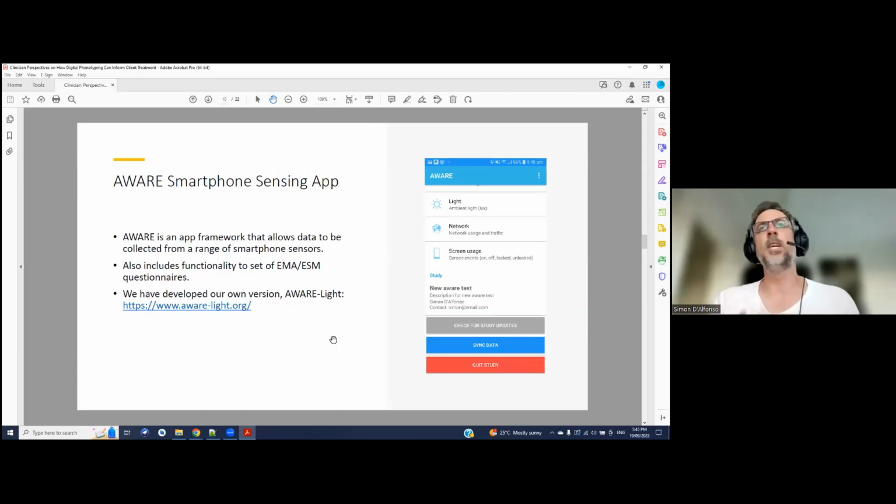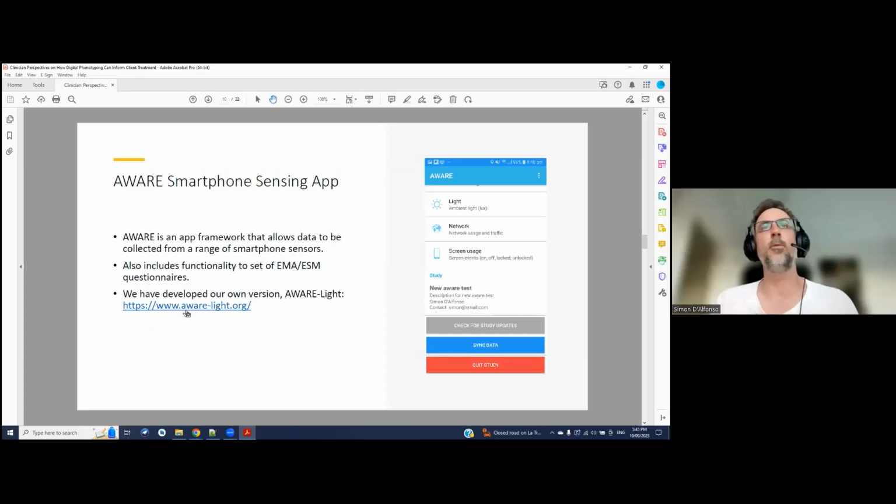It also includes functionality to deliver EMA or ESM questionnaires. They're more or less interchangeable terms. EMA stands for Ecological Momentary Assessment, and ESM stands for Experience Sampling Method. Essentially, it's just about sending questionnaires in situ at opportune times throughout the day to get responses on various questions from study participants. And we've developed our own version.